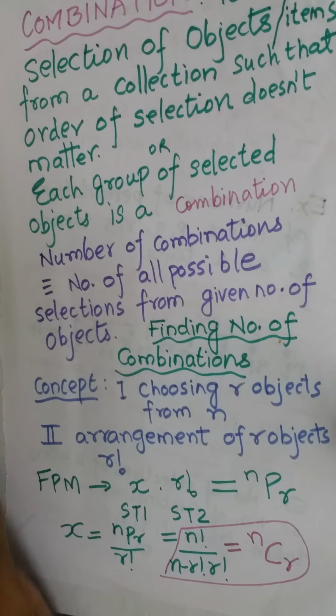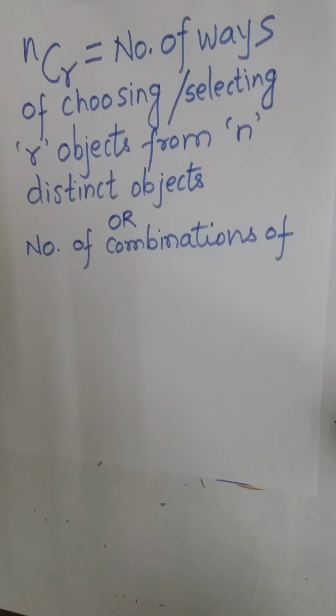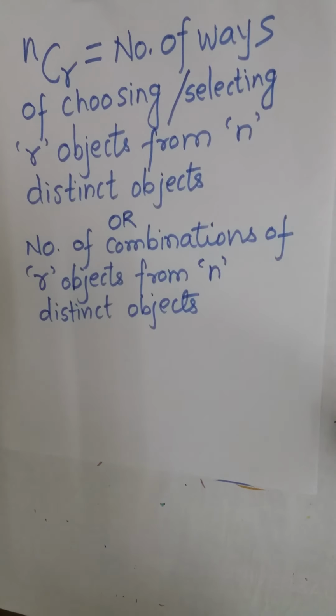So what is NCR? What does NCR mean? It is the number of ways of choosing or selecting R objects from N distinct objects, or we can say the number of combinations of R objects from N distinct objects.